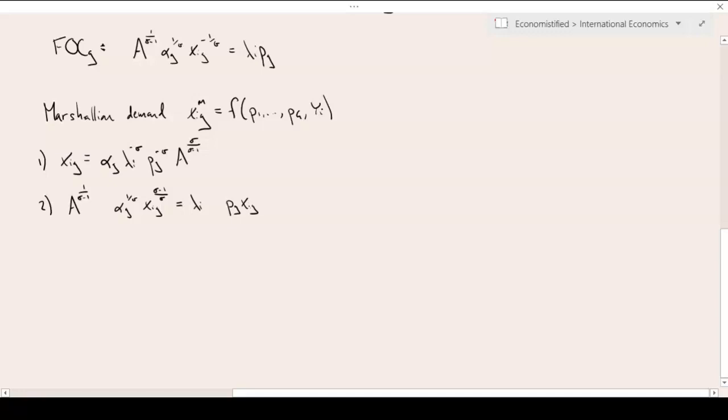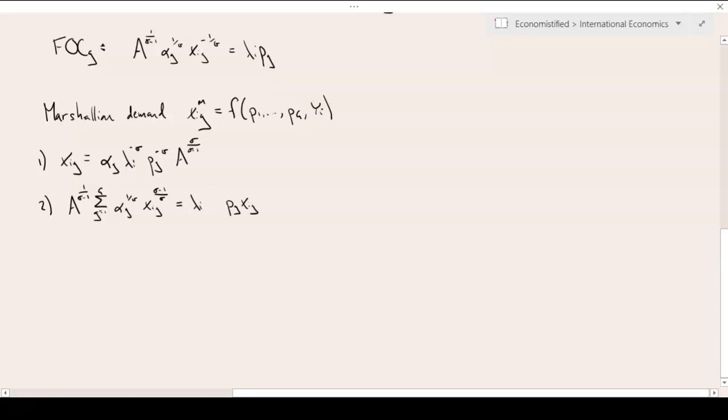Now I'm going to sum up both sides of this equation with respect to G. A here, remember how we defined A from the utility function, this is already a sum over G. So we can take this outside and just sum this alpha G Xig term over all the G's.